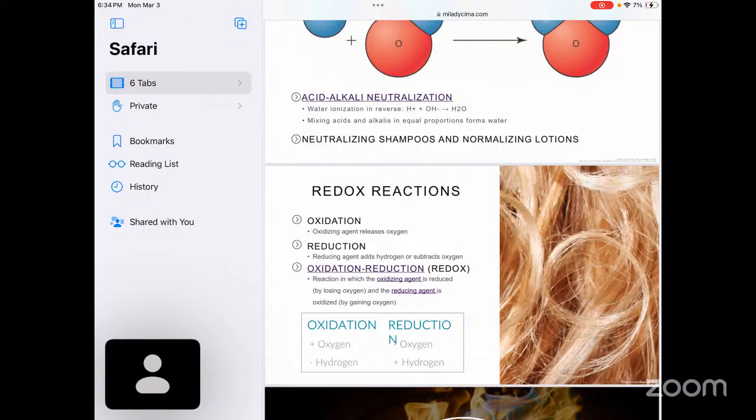It's very mild. It gives the appearance that the product is rinsed out. But in turn, when that hair dries, it's just stuck. I mean, that process has stopped. But once the moisture gets back on that hair, that process starts back up again.